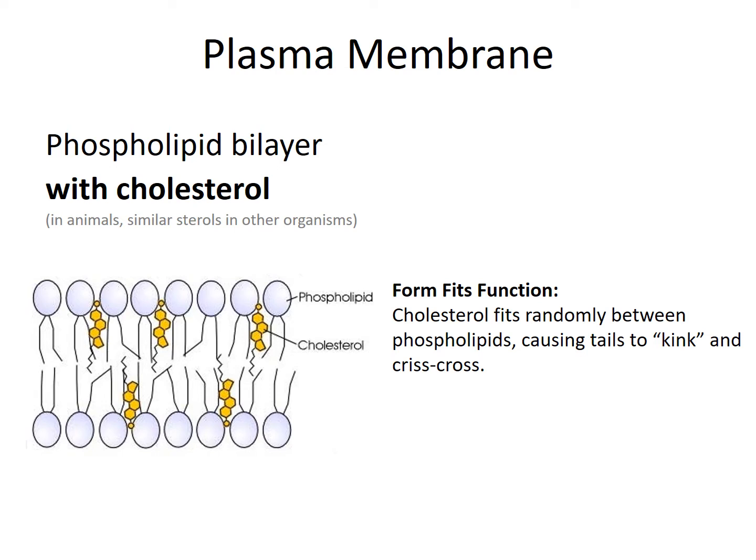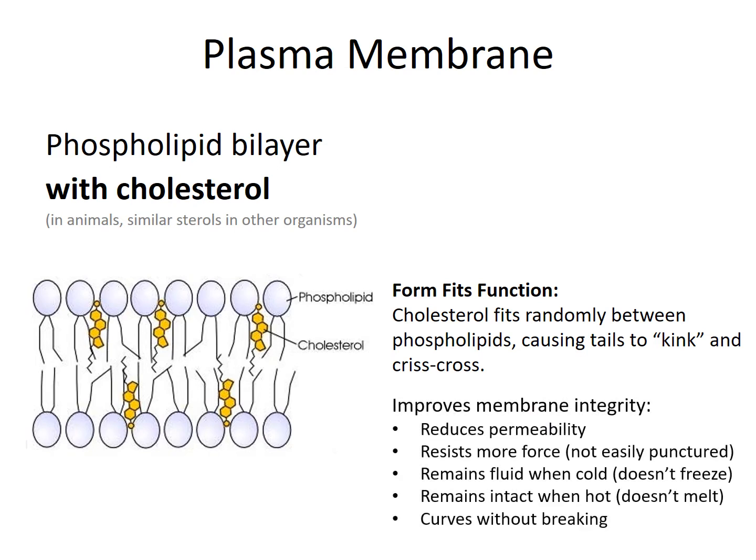You can see that going on in the cartoon, and that is true to life. So when cholesterol squeezes in, it causes a compaction, and it causes some randomness in the crisscrossing of these fatty acid tails. And that reduces the permeability of the membrane. It causes diffusion to slow down.